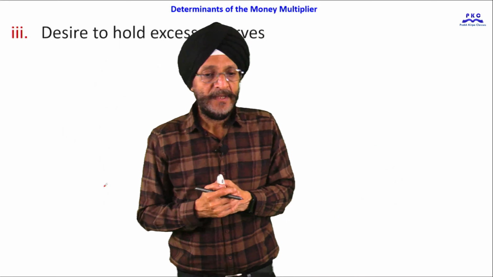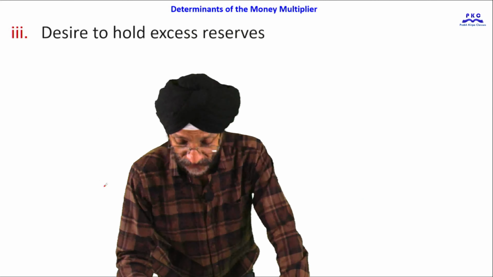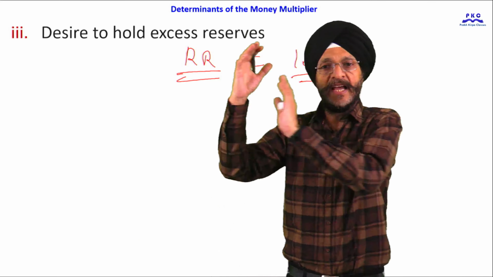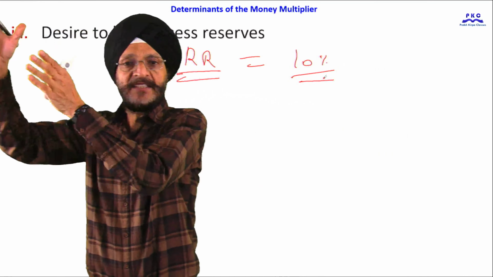Now we will come to the desire to hold excess reserves. We have already learned that the reserve requirement ratio is set by the central bank, and normally it is set at 10%. However, it may change from country to country as it is decided by the central bank of the country, keeping in view the economic conditions of the country.